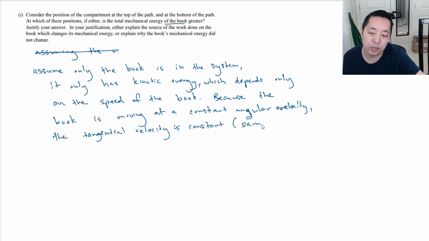Same rate, same R everywhere, at the top and bottom. Thus, no change in kinetic energy.